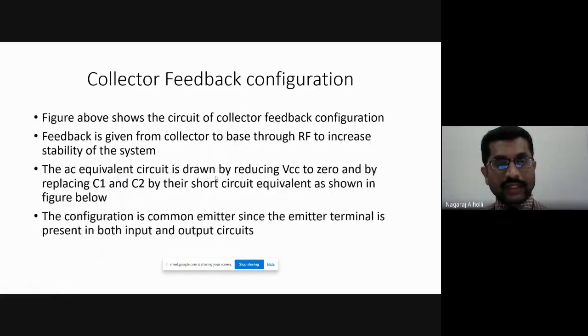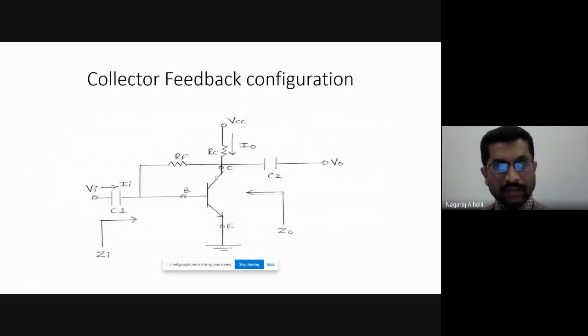Next, we are drawing the AC equivalent circuit. We know how to draw the AC equivalent circuit for the given circuit. What are the steps to draw it? What should we do to this circuit to get the AC equivalent circuit from the original circuit? Yes, anybody?